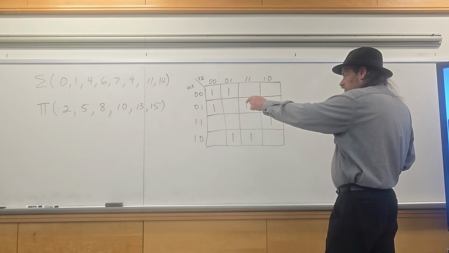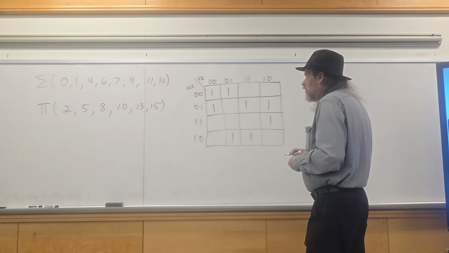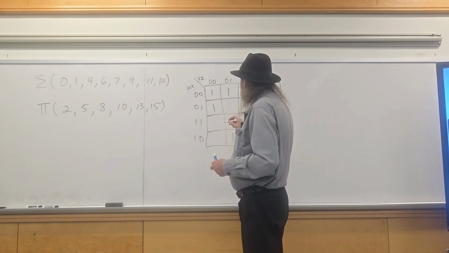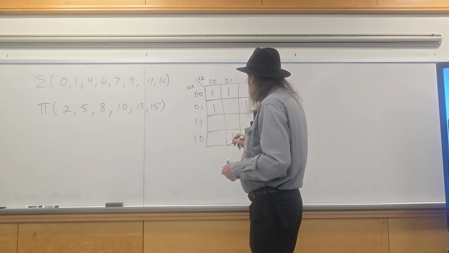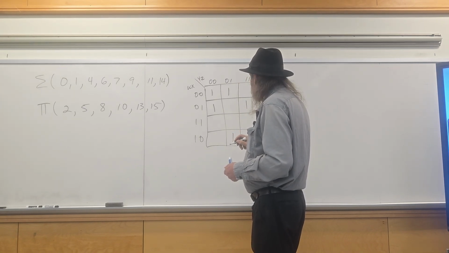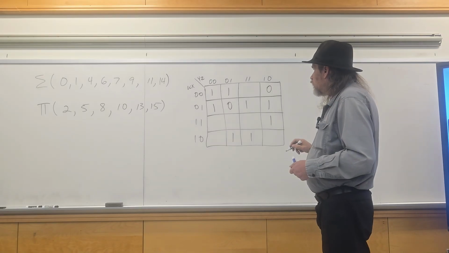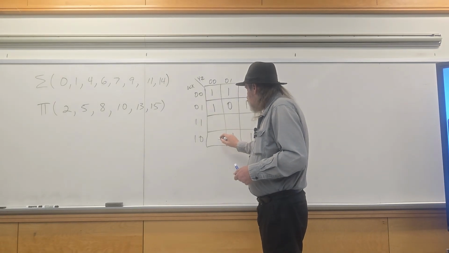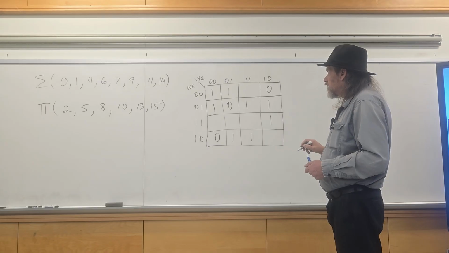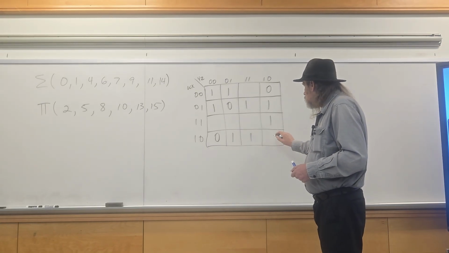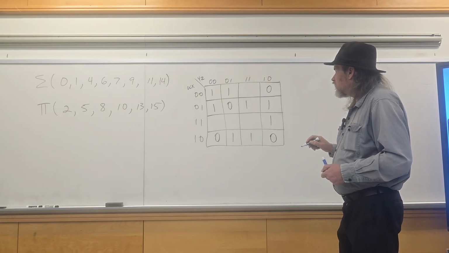Now the zeros from the product here, you would have 0, 1, 0, 0, 1, 0 for 2. 0, 1, 0, 1 for 5. 1, 0, 0, 0 for 8. 10 is 1, 0, 1, 0. 13 is 1, 1, 0, 1.